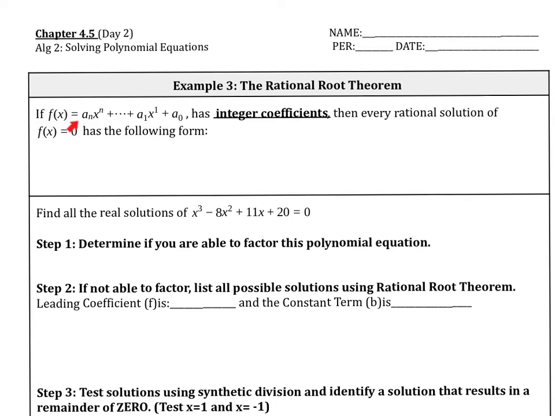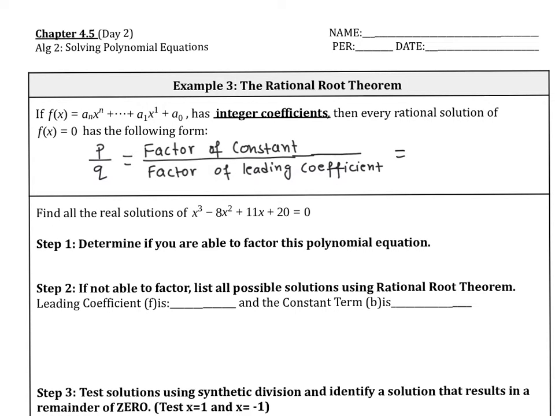If f(x) equals a_n x to the power n plus a_(n-1) x to the power n minus 1 plus so on, a_1 x to the power 1 plus a_0, has integer coefficients, then every rational solution of f(x) equals 0 has the following form: p divided by q, which means a factor of the constant divided by a factor of the leading coefficient.